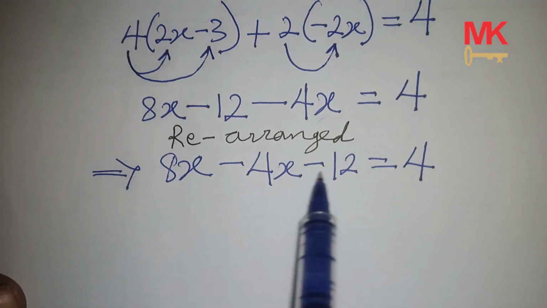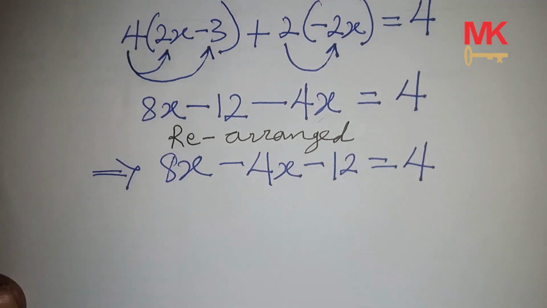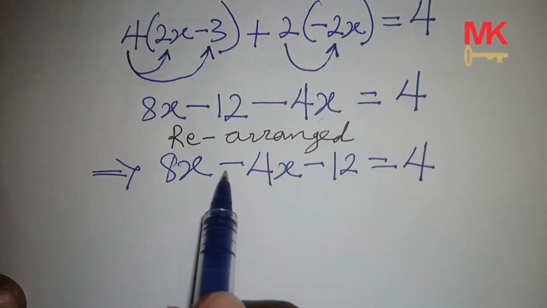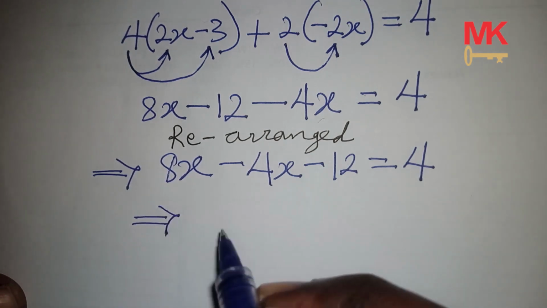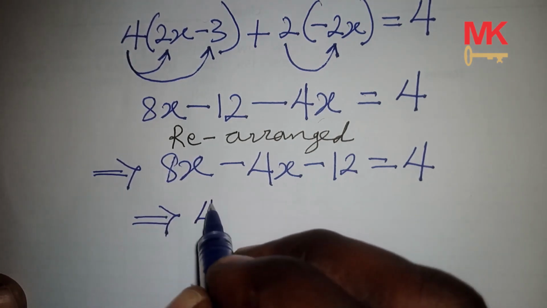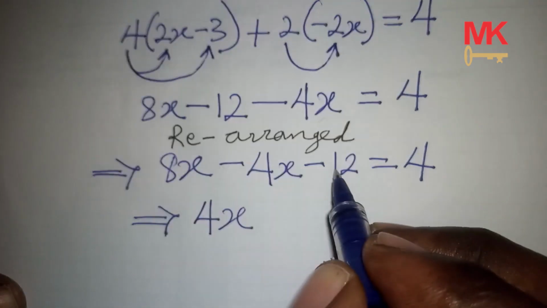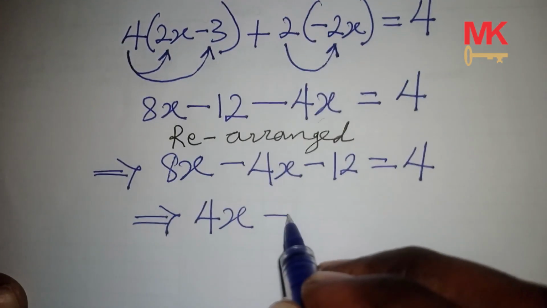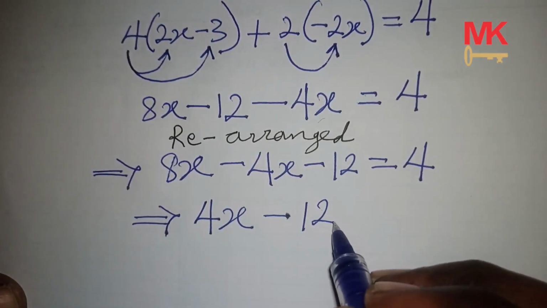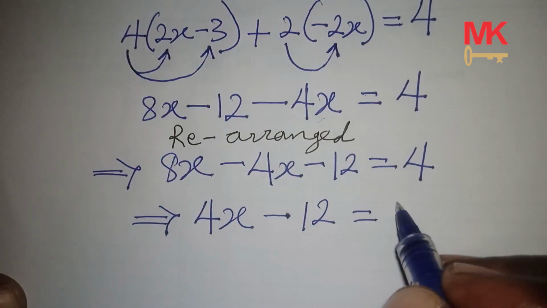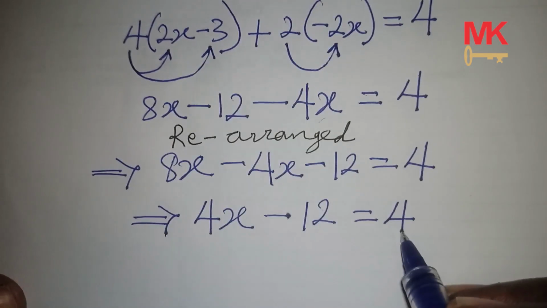We have just rearranged the whole thing, so nothing has actually changed. So what we are going to do now, 8x minus 4x implies 4x, then minus 12. You keep your negative 12. That's equal to the right hand side, which is 4.